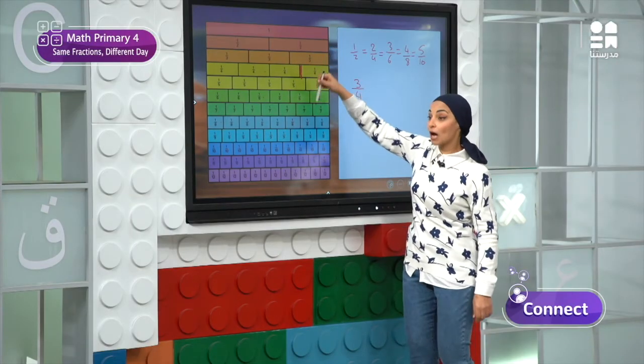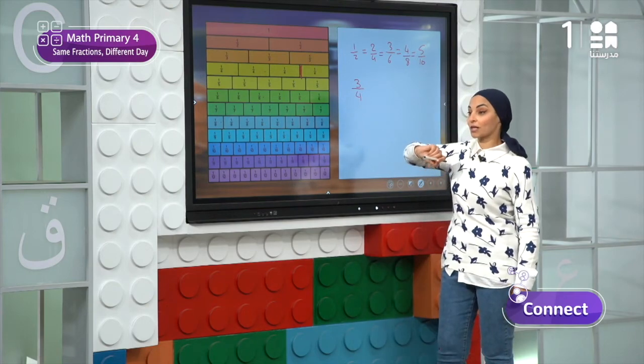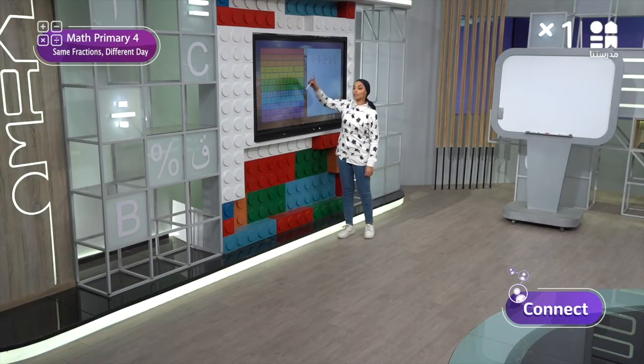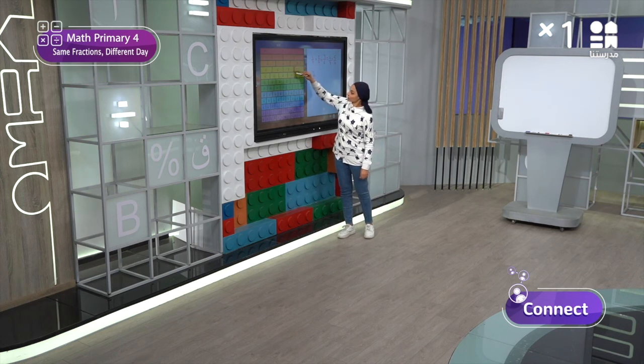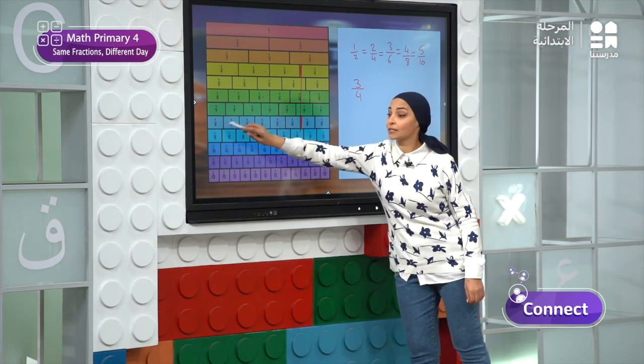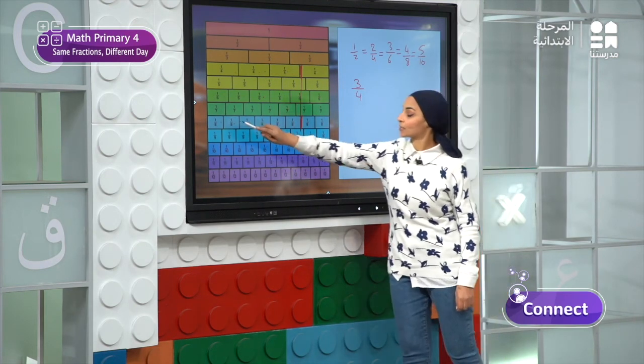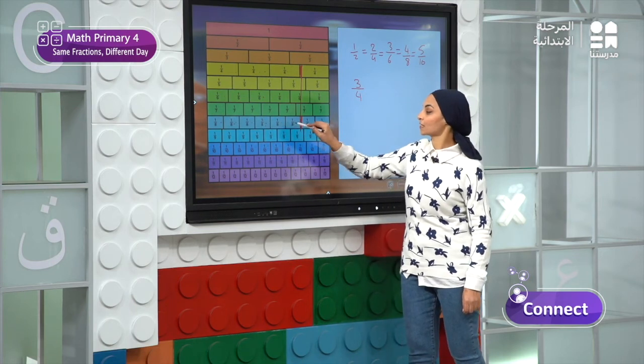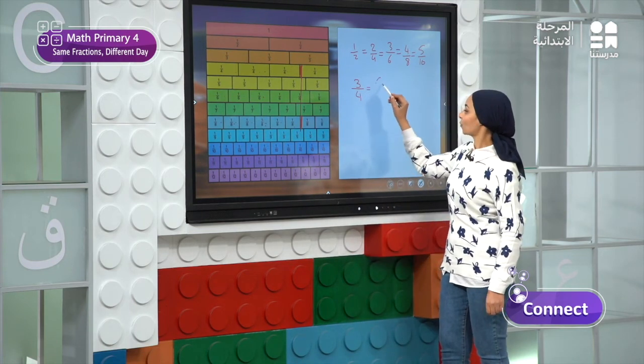But if we go down we will find equivalent fractions. So let's go down until I find that denominator, or the opposite line. So I find this, the fraction which has denominator 8. So let's count the parts. 1, 2, 3, 4, 5, 6. So 3/4 equals 6/8, right?